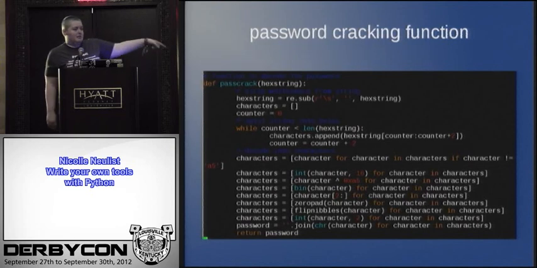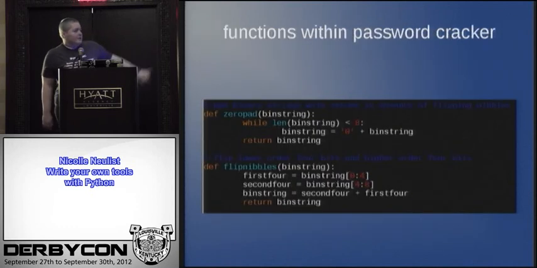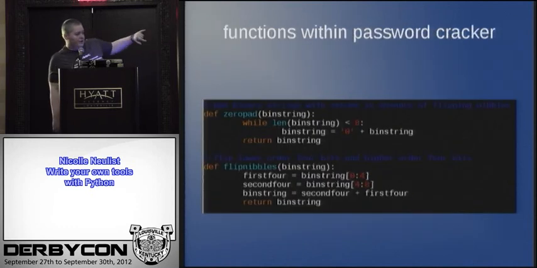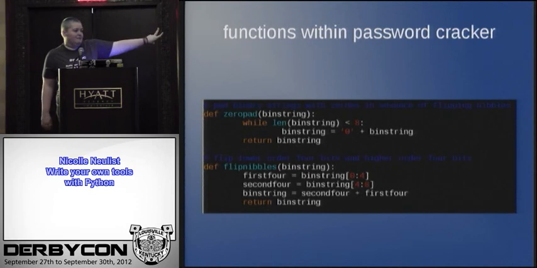And then I save it back into the original list, and once I've fiddled around with all those variables, it comes back, return password. It gives the cracked password. These are some functions that are called within the function, one that just pads some stuff with zeros, one that's the function that actually flips the second nibble with the first.